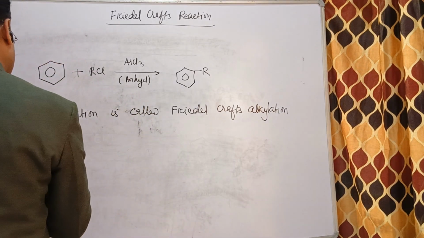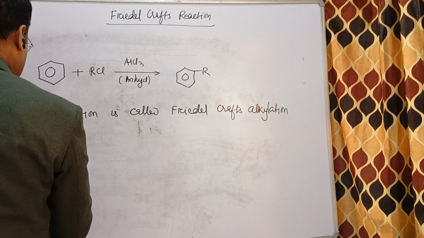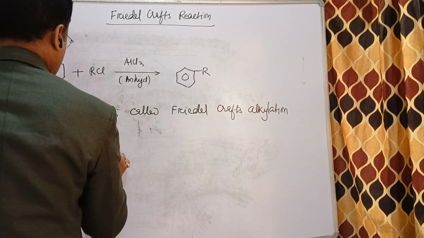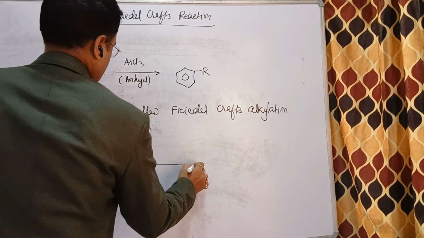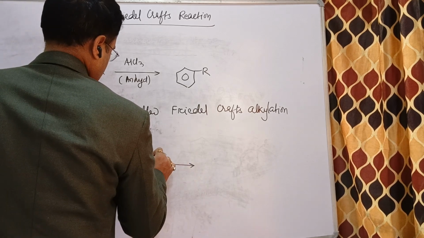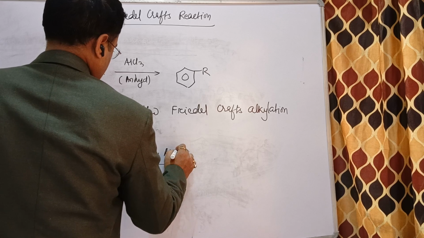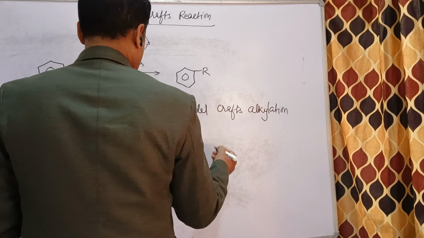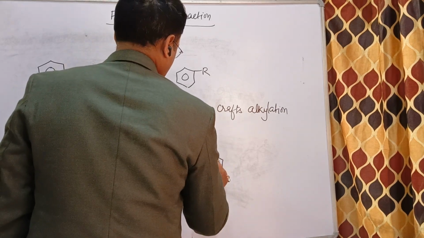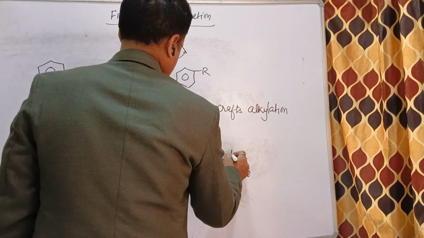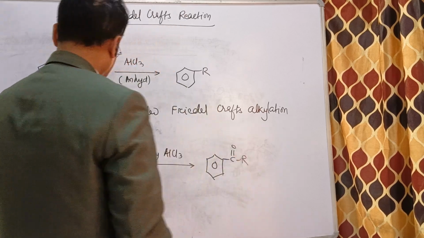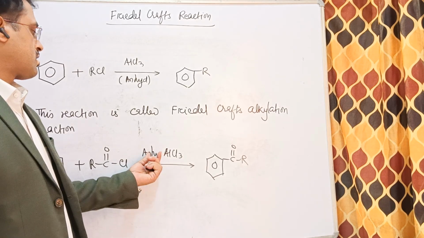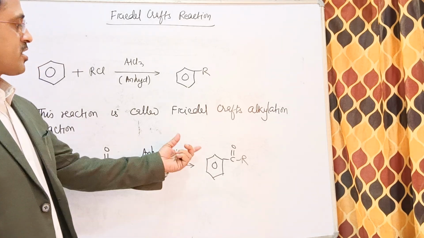And also, when benzene reacts with acyl chloride in presence of the catalyst anhydrous aluminum chloride, it gives the acylated product.